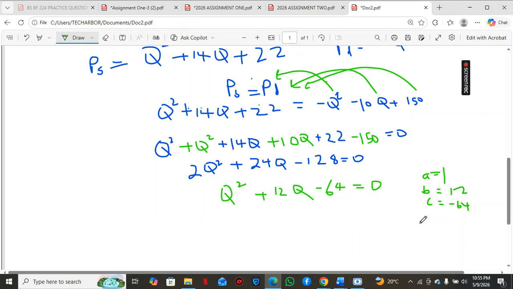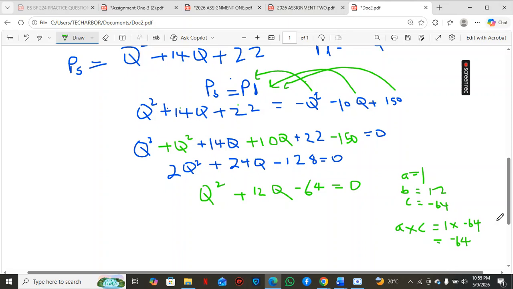So let's see if we can solve this by factorization. With factorization, it's A times C, that is 1 times negative 64. That gives us negative 64.